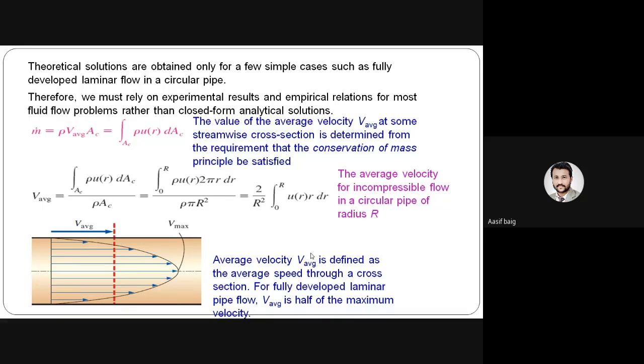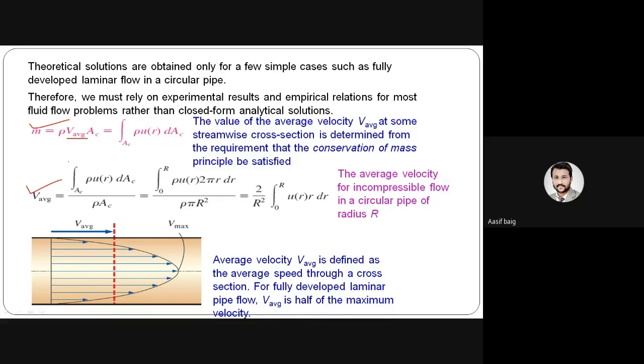In which we have to add the density of that particular liquid which is flowing, and velocity average. So velocity average is given from this equation, where we have to put in the values, and we will get the value of the average velocity.